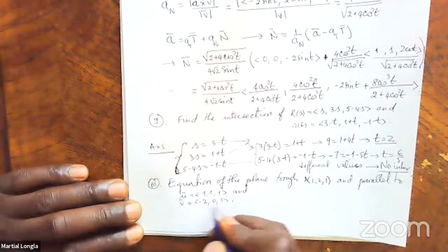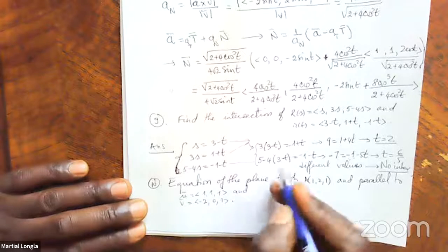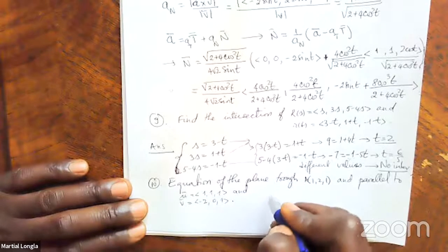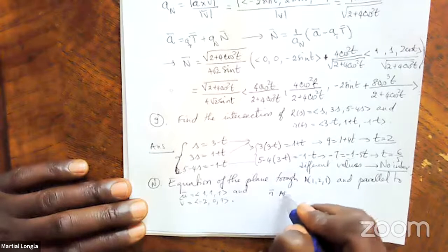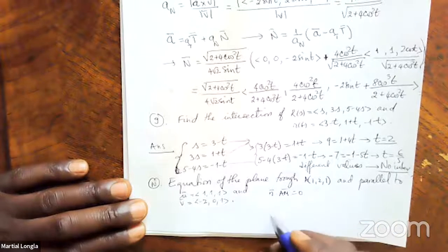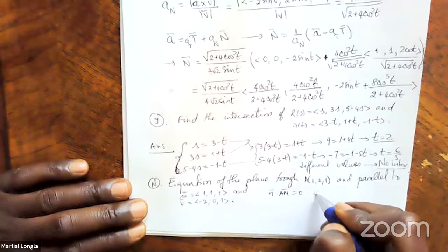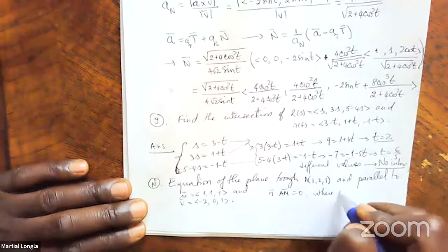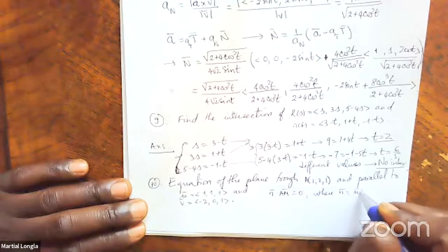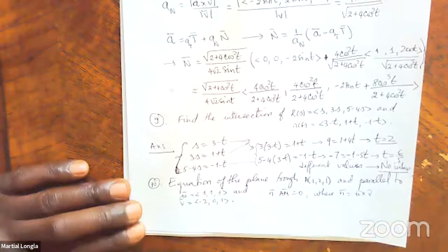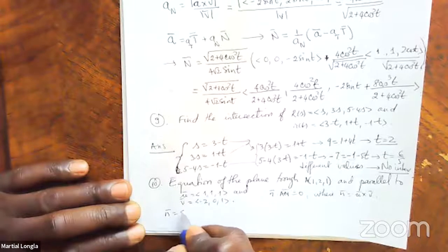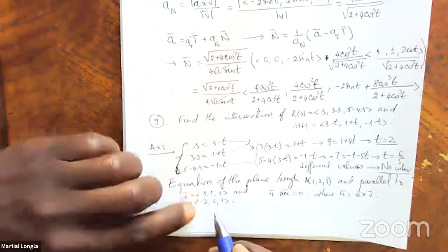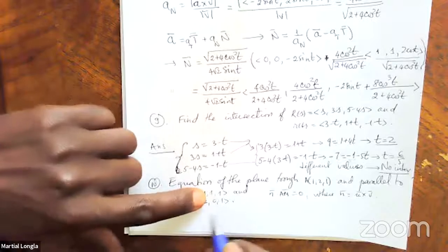Now to answer this question here, we know that the equation is going to be n dot AM equals 0, where n is u cross v. So here I can find n, u cross v. That's why I wrote them this way, so I can easily find u cross v.